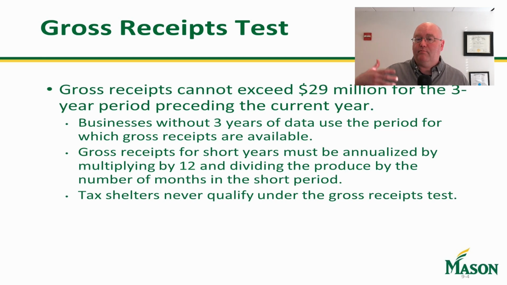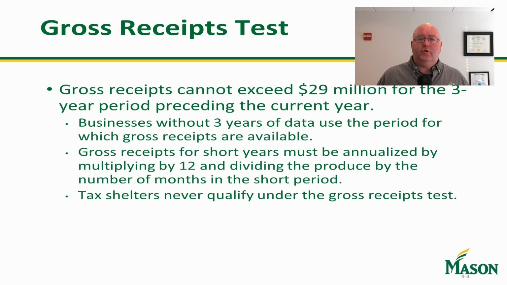But if your company has more than $29 million in gross receipts, not net income, not anything else, you are going to bust this test. It's not even just this; there are several other things that will apply to you too. Some of that happens in corporate taxation, some in partnership taxation, so we can talk about that later on.